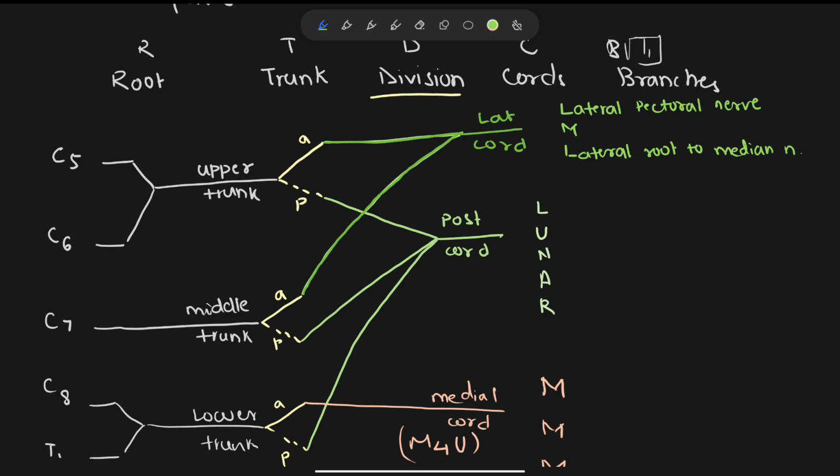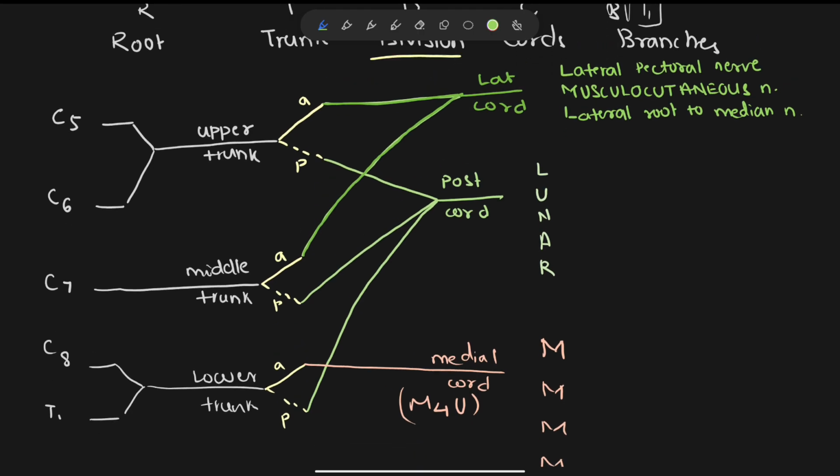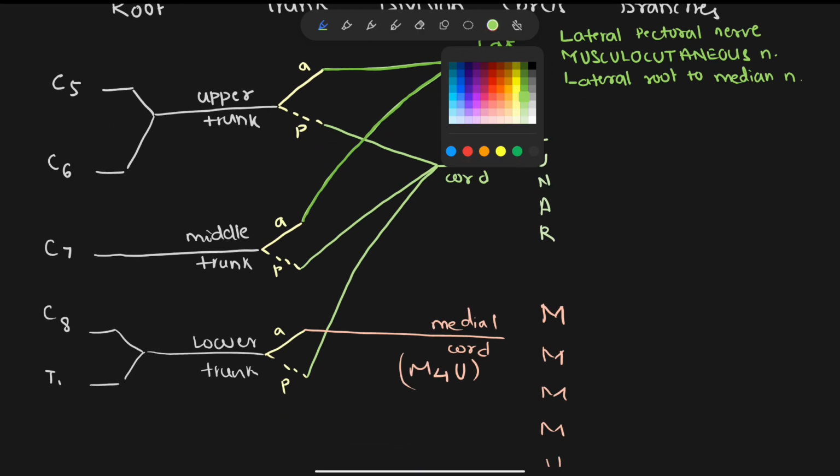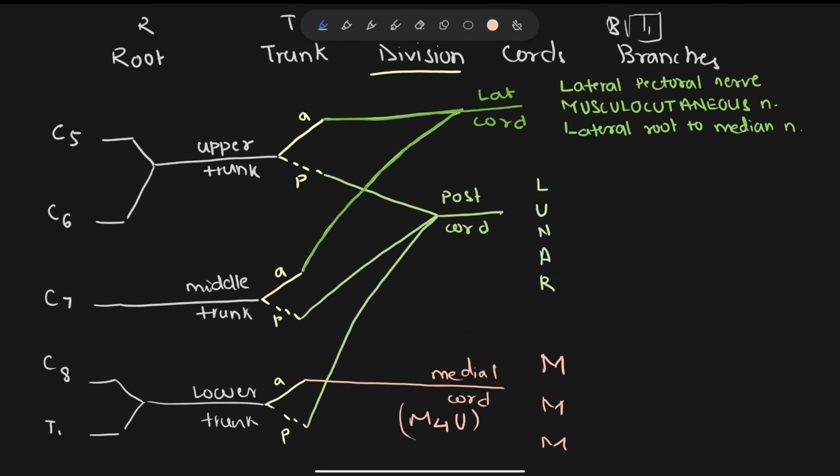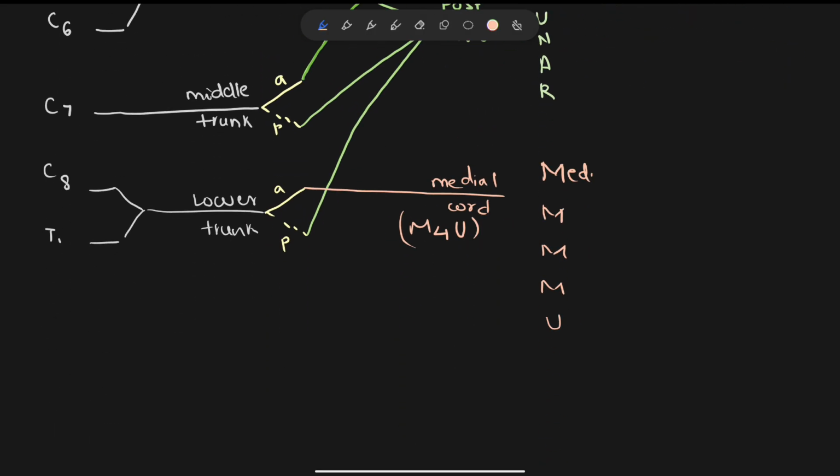Okay, now M is left. From M, we will learn musculocutaneous nerve. I will write only N. Okay, musculocutaneous nerve. Now after lateral, we will do median. Median is easy.